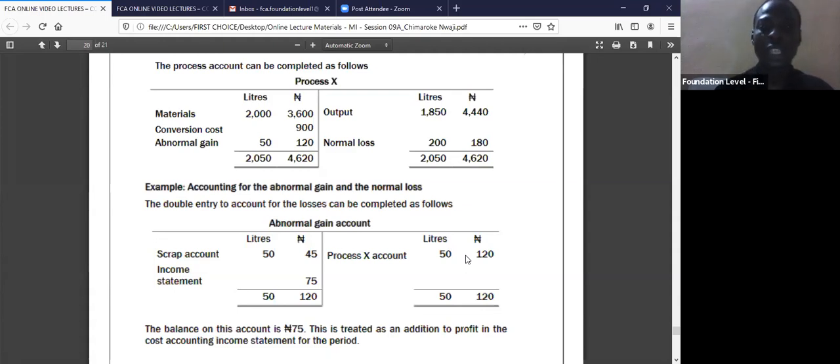Just like we did in abnormal loss, we are still going to sell our abnormal gain, but we are still going to use the scrap account and account for it. We're going to account for it, and the remaining 75 is going to go into our profit and loss accounts.